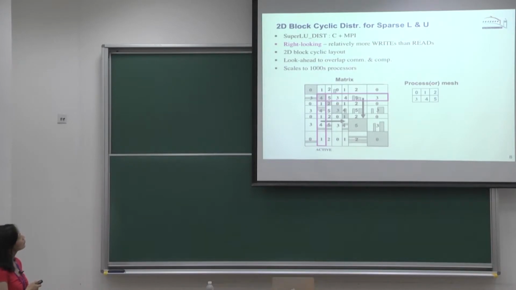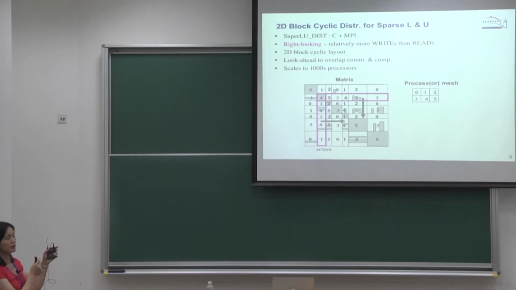And then look at 4. So 4 only has this block, that block, and this block. So actually these 3 blocks in process 4's memory are stored contiguously in the memory. That's the non-zero values. But you can imagine that from the global matrix mathematical point of view, the indices are across the global matrix, they are not contiguous in any way.